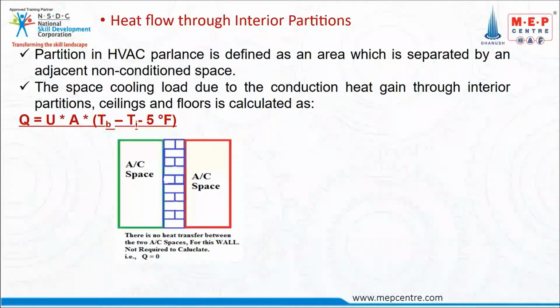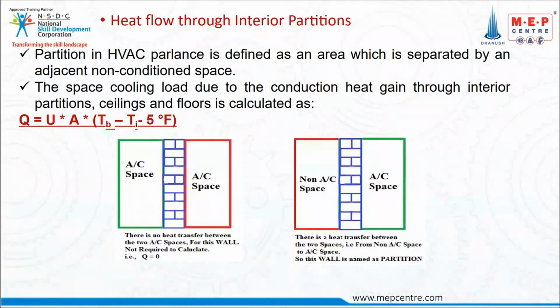So what do you mean by partition? Partition is an internal boundary. Okay, partition is an internal boundary. So when this is the partition, that means there is one room here, another room here. Okay. Now I need to consider this partition when it is in between non-AC space to AC space.